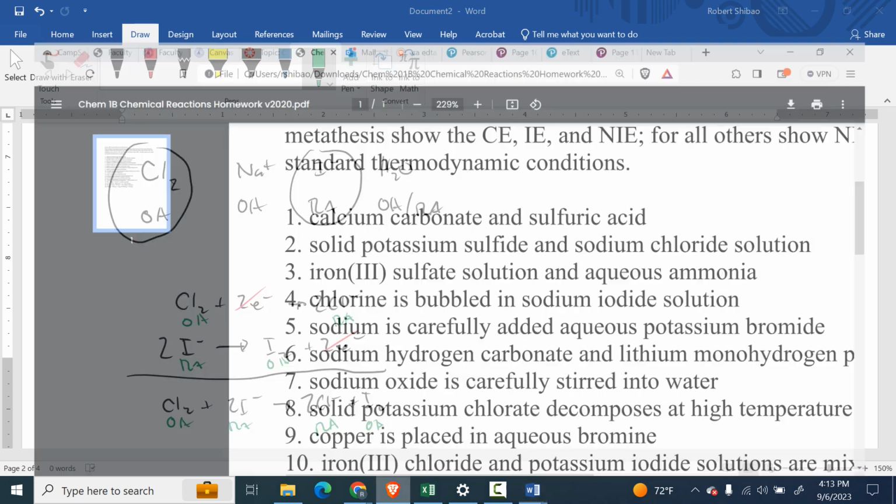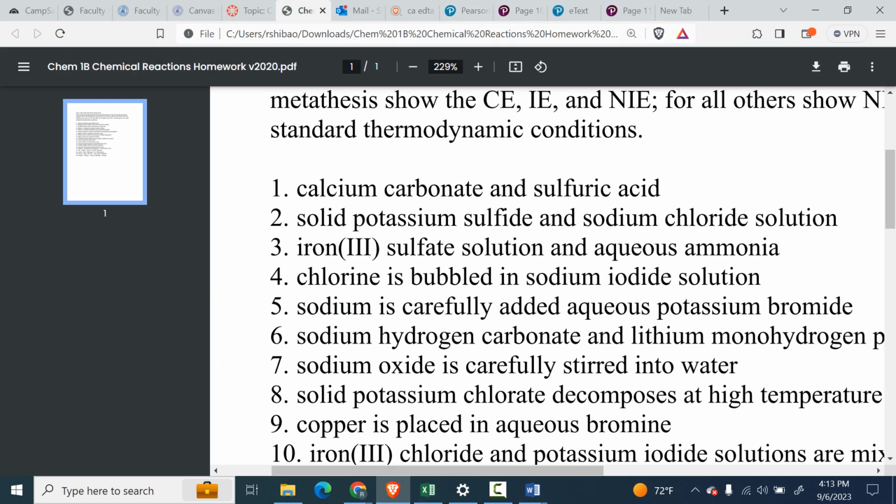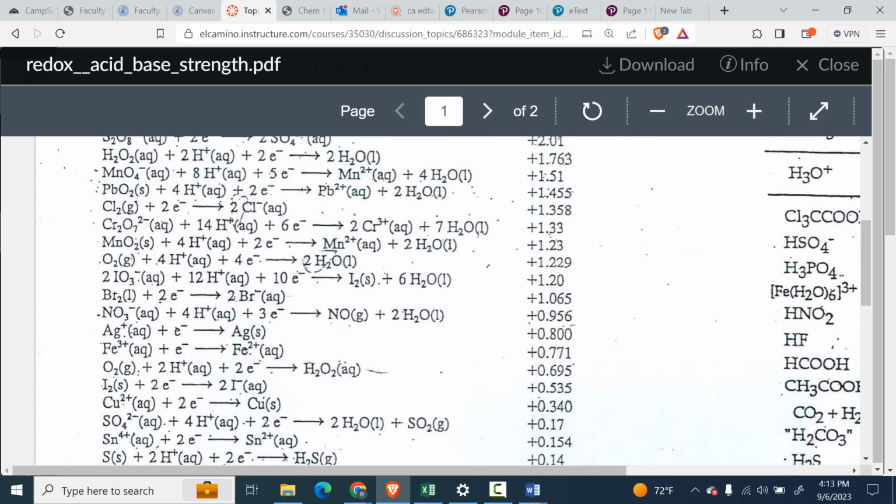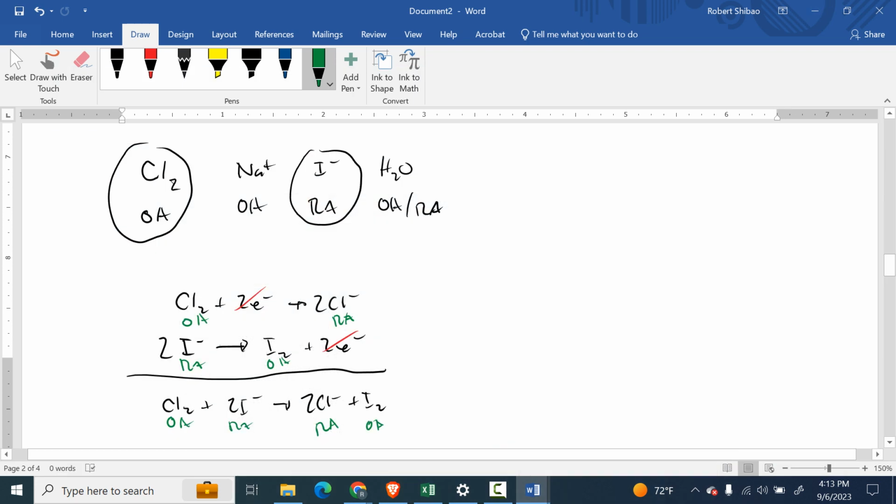Are we going uphill or downhill? If we go from chlorine to iodine, chlorine is here, and iodine's way down here. Is that uphill or downhill? That's downhill, so we have driving force here.